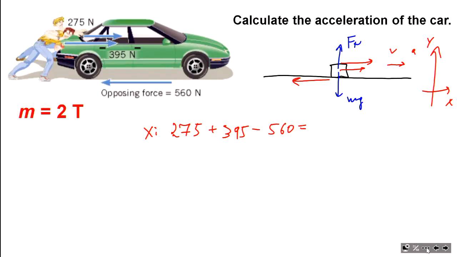And that should be equal to mass times, technically, the x component of the acceleration. We know the mass. It's in tons, but 1 metric ton equals 1,000 kilograms, times a. So now we just have to solve it for acceleration.